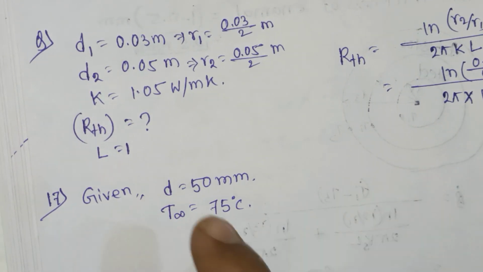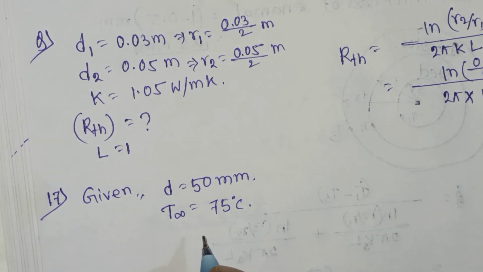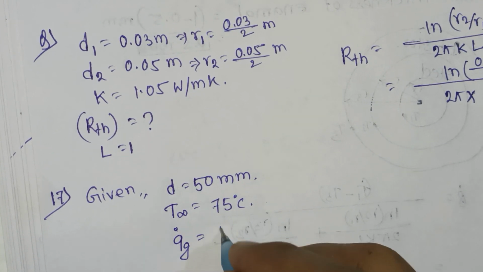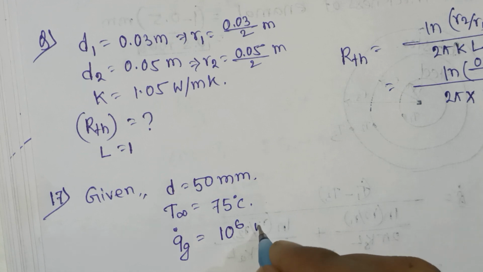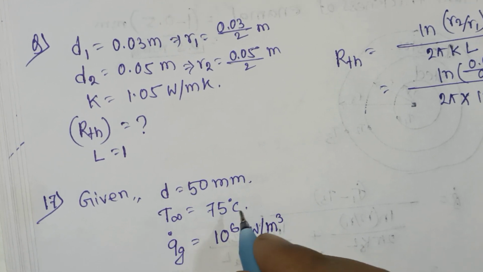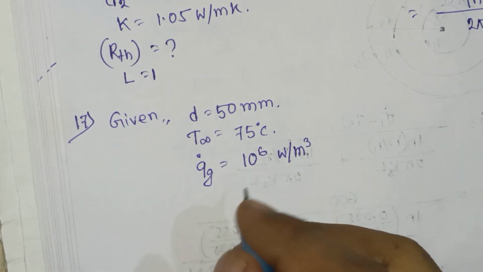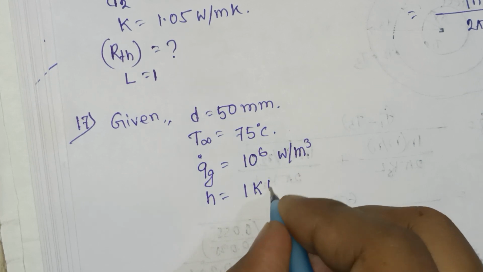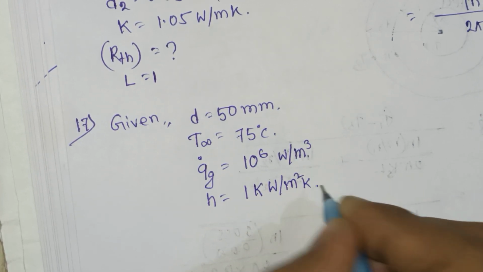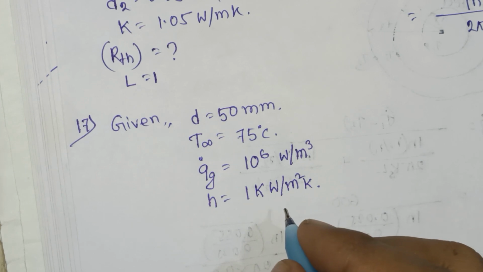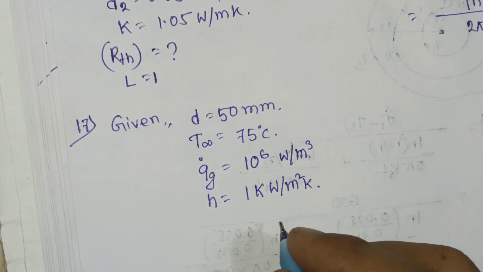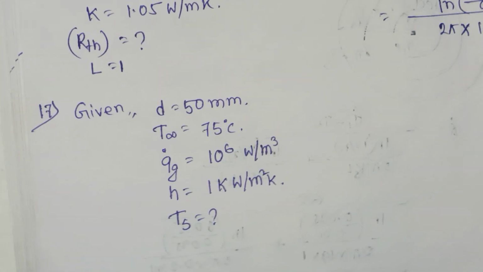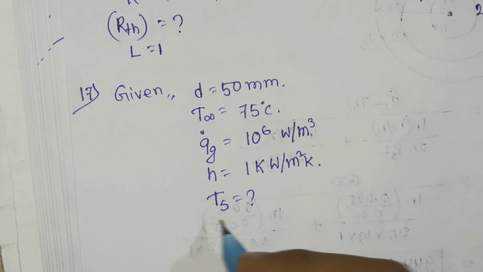Under steady state condition, the rate of heat generation within the fuel element, Qg, is 10 to the power 6 watt per meter cube. The convective heat transfer coefficient, h, is 1 kilowatt per meter square Kelvin. What will be the outer surface temperature? That is Ts, the outer surface temperature.